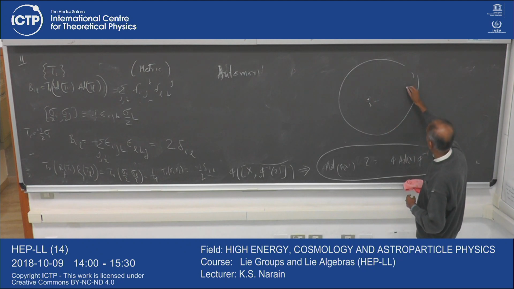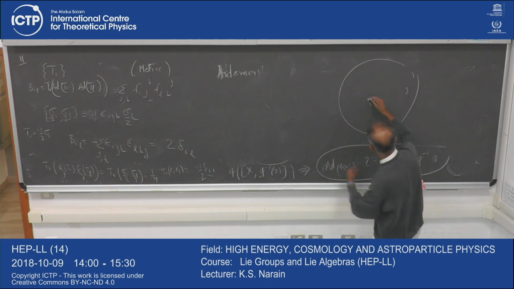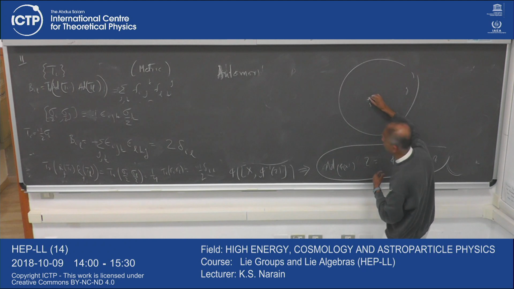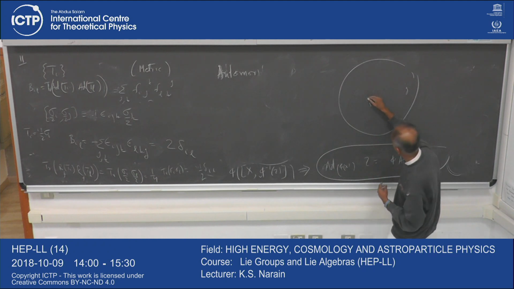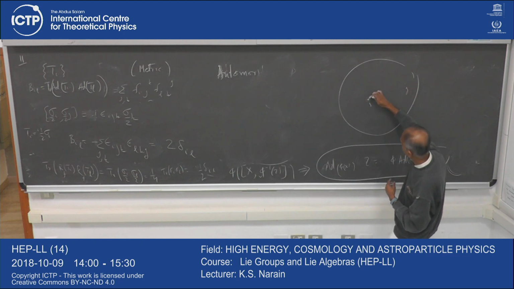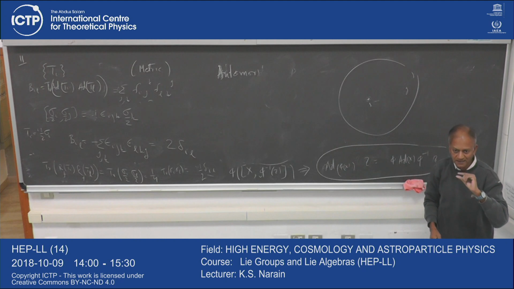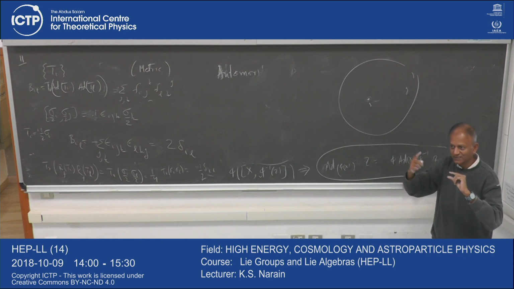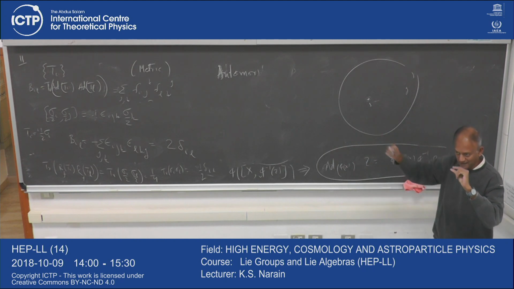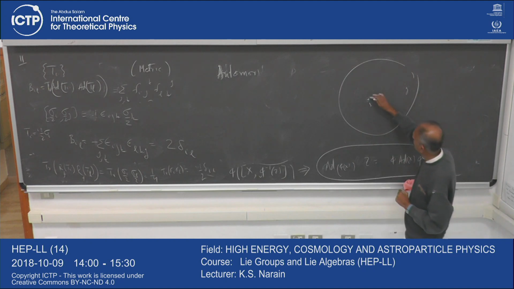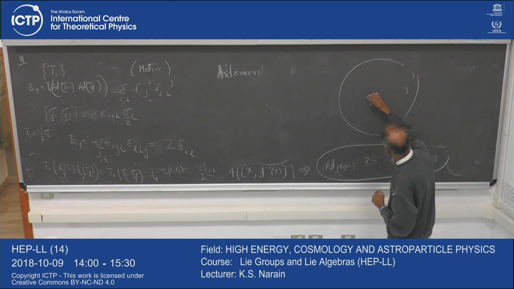Now take any other point, a finite group element G. This metric that we have defined is basically the notion of metric in the neighborhood. If I give you a point very close to identity, then this is basically telling you the distance between identity and that point, infinitesimally.